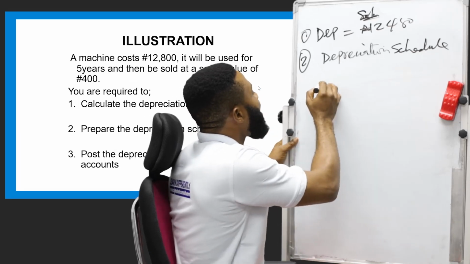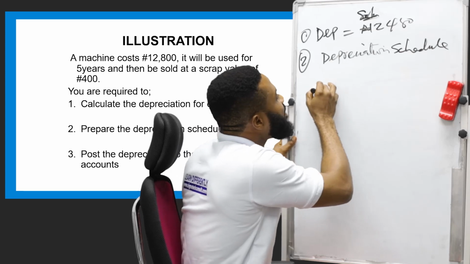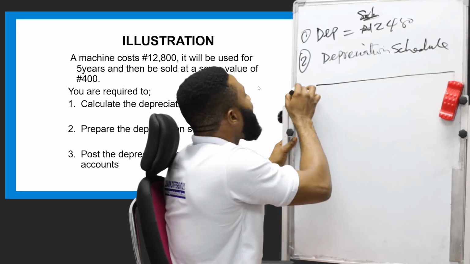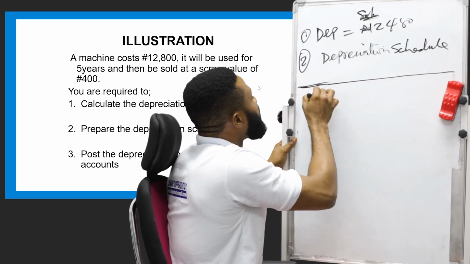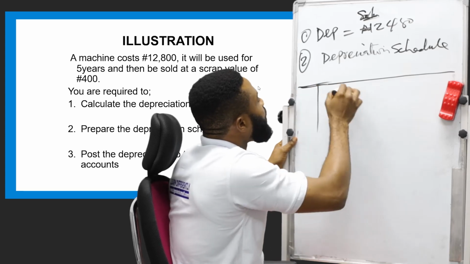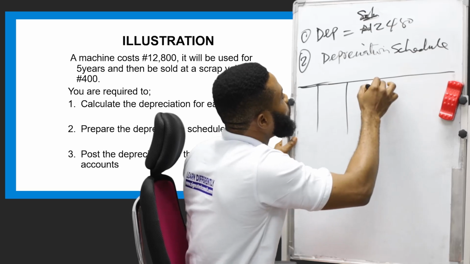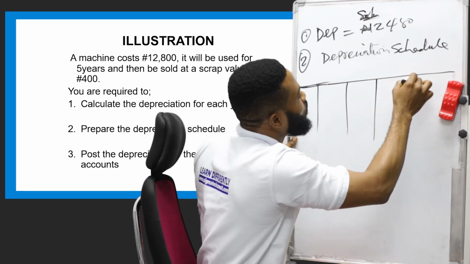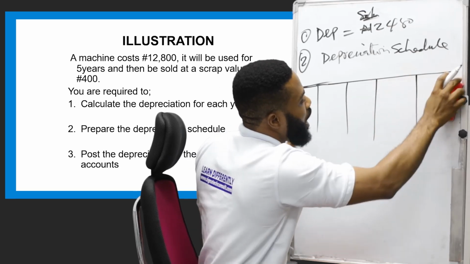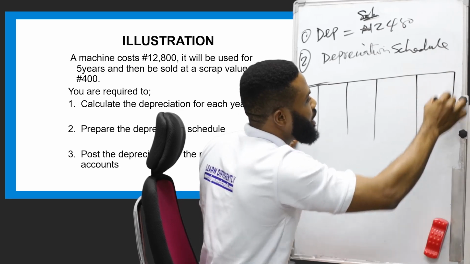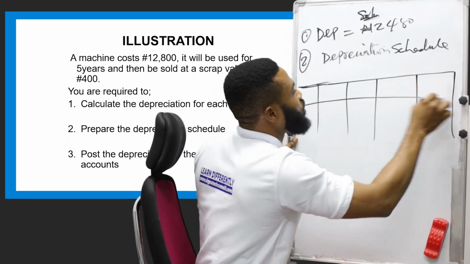So let's quickly prepare it. It will come with 5 different columns. We have a column for the year. We have a column for the cost. We have a column for depreciation. We have a column for accumulated depreciation. And we have a column for the net book value. So let's quickly rule it.